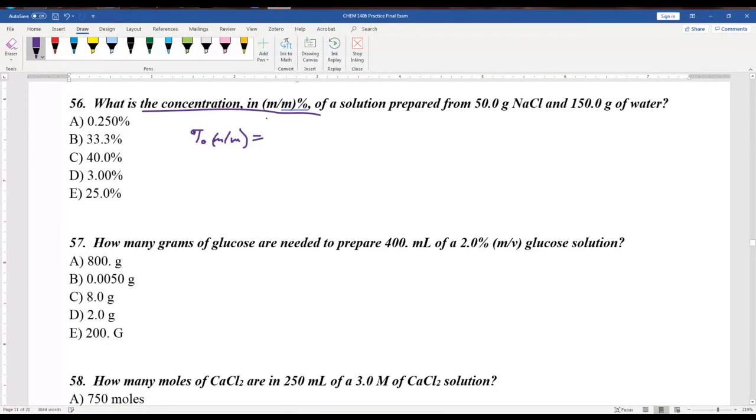that's equal to the grams of solute divided by the grams of the solution, times 100%.